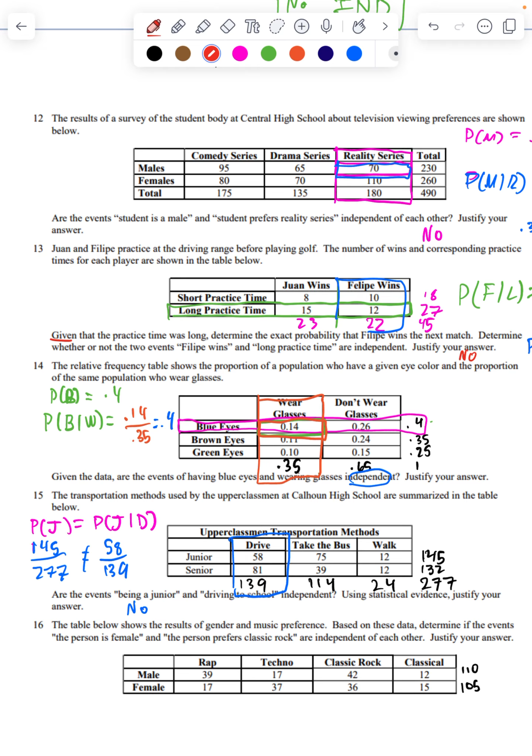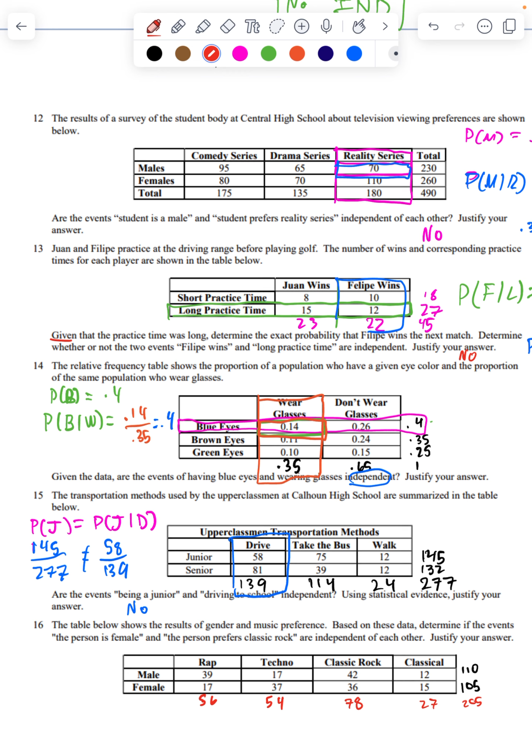Then 49 plus 17, 56, 54, 42 plus 36 should be 78, 12 plus 15, 27. This should be 205. I hope that's it.